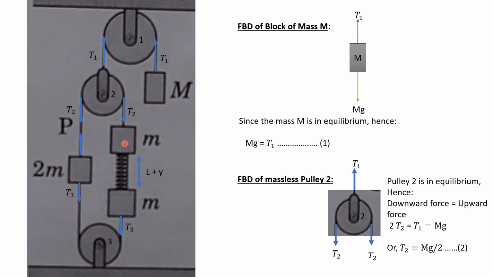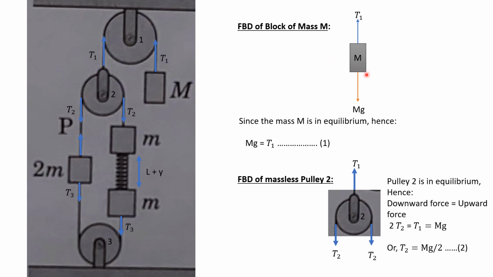So what will extend? Extension will be in the spring. So original length of the spring was L, capital L. Now we have assumed that Y is the extension in the spring due to this load, when the load was applied, right? Okay.